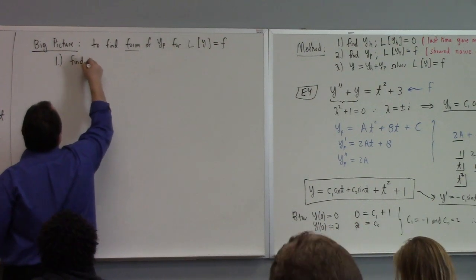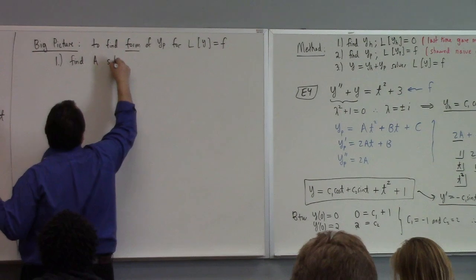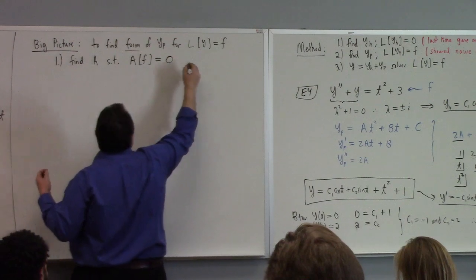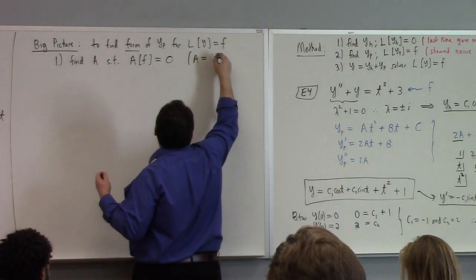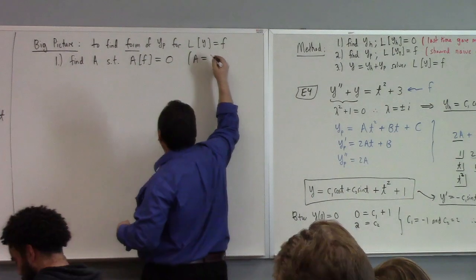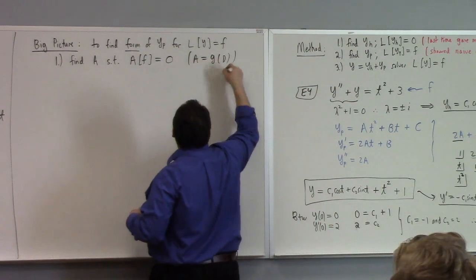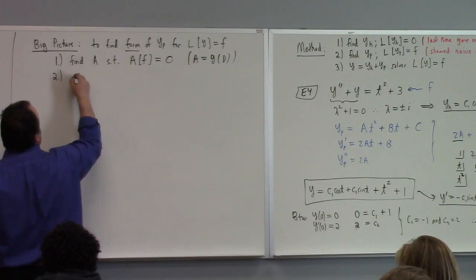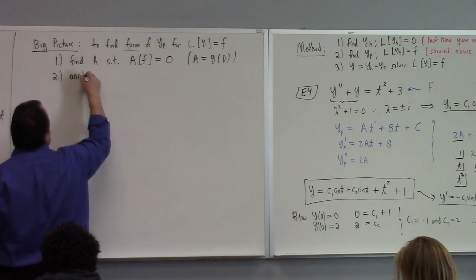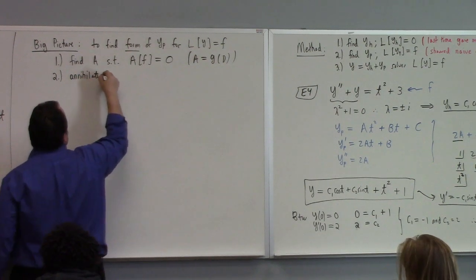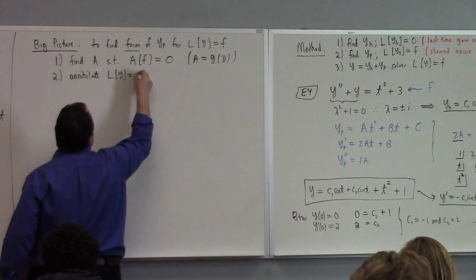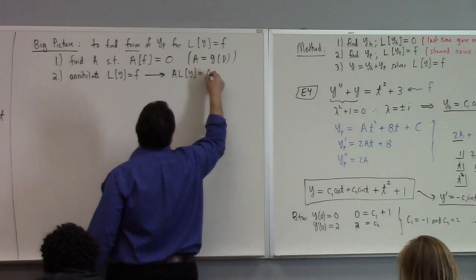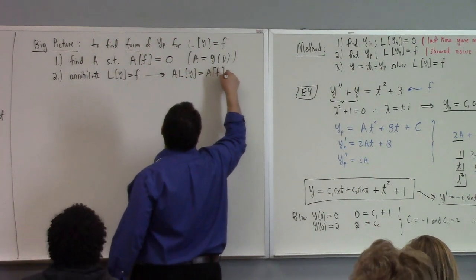Find an annihilator such that AF is equal to 0. So here I'm saying A is some polynomial, let's say G of D. Step number 2 is to annihilate L of y equals f. Basically, we get ALy equals AF, which is by assumption 0.